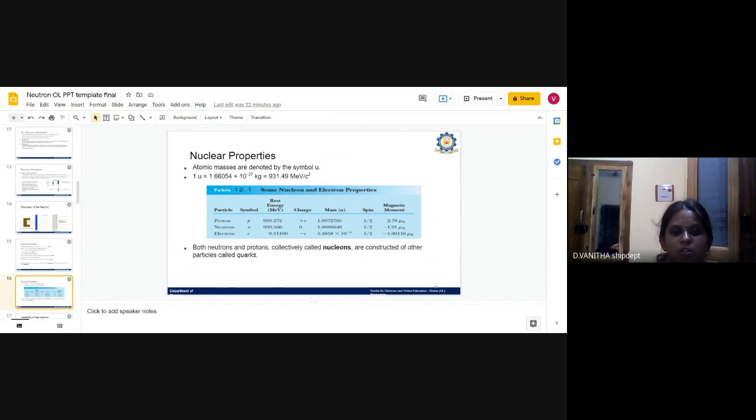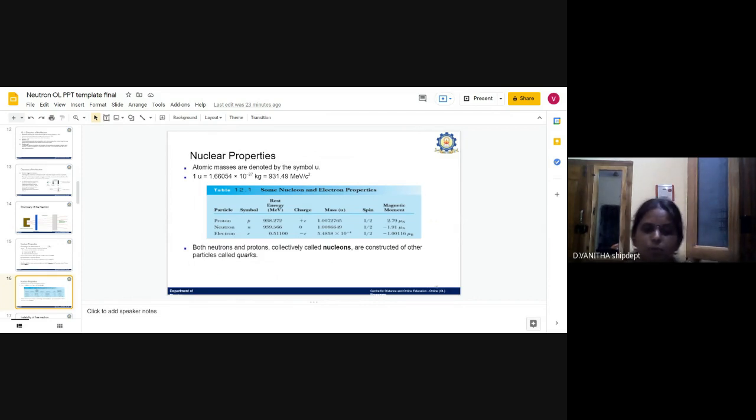For the proton, denoted by the symbol p, the rest mass energy is 938.2 million electron volt, and it is most probably the same for the neutron, that is 939.566.